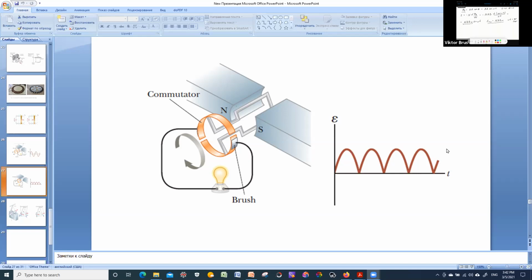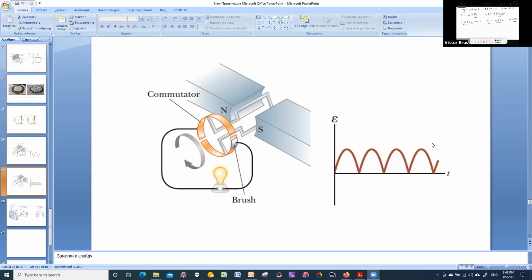So these are approaches for making a smoother DC current, and at some point when it's really necessary, by combining different technical solutions, it is possible to make a really constant value of generated voltage and current with these direct current generators.